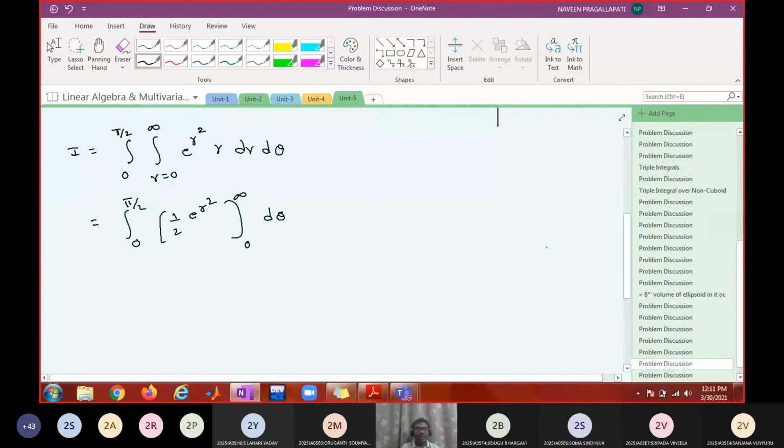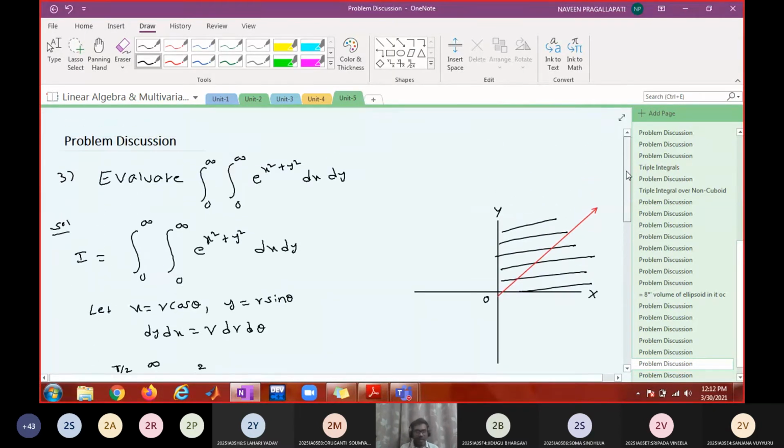Now what is the upper limit? As r tends to infinity, r square tends to infinity, e power r square also tends to infinity. Do you agree? So this is the infinity answer. Actually, the problem is not wrongly posed.